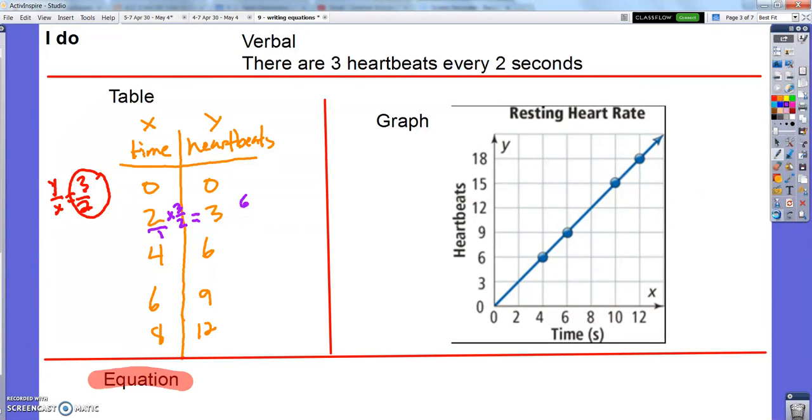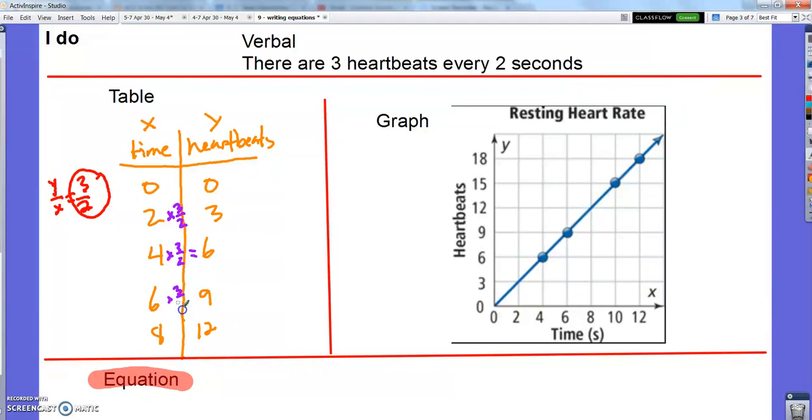Let me back up a little. 4 times 3/2 is 6. 6 times 3/2 is 9. So I can take that constant of proportionality, multiply the x by it, the time by it, and I'll get the y value. It actually even works here. 0 times 3/2 is 0.